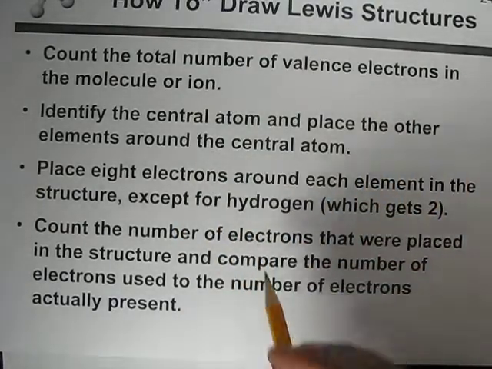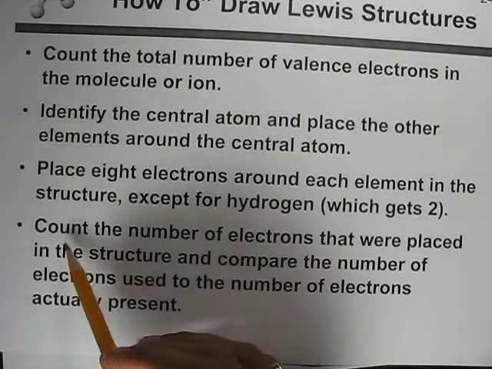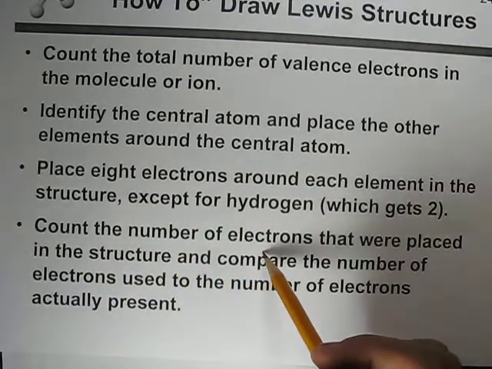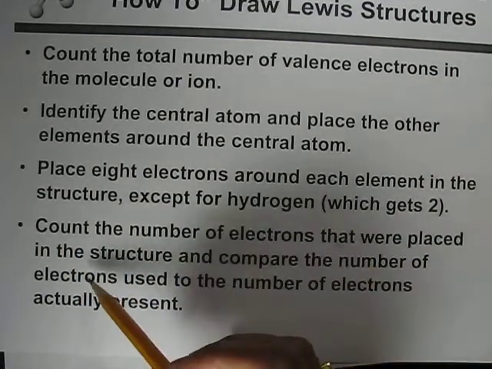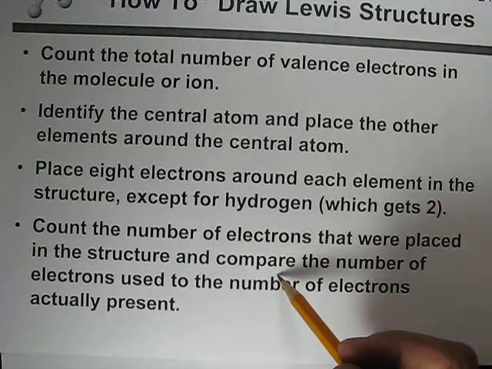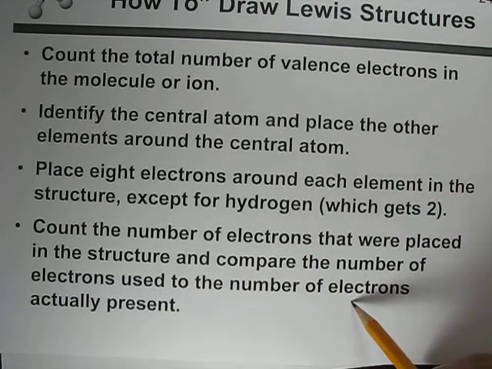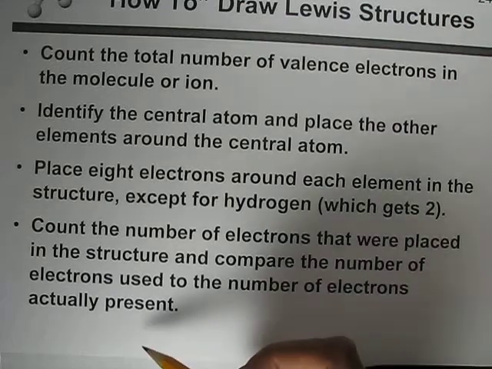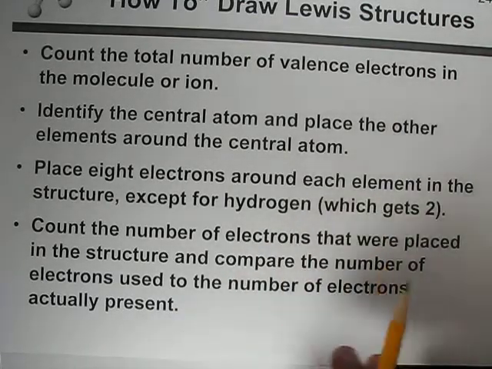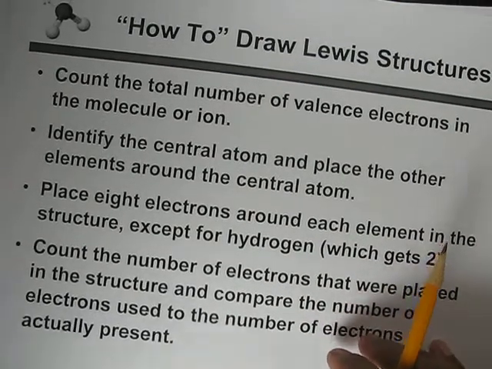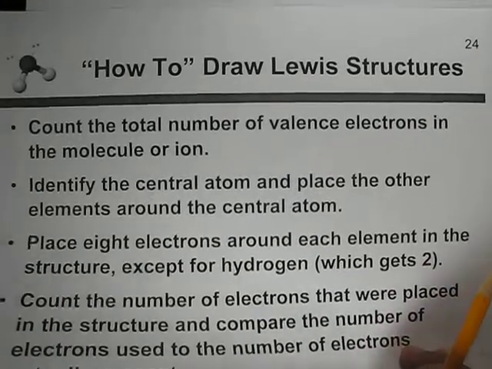Hydrogen needs only 2 electrons. Then count the number of electrons placed in the structure and compare it to the number of electrons actually present. These are the rules we will follow to write the structure.